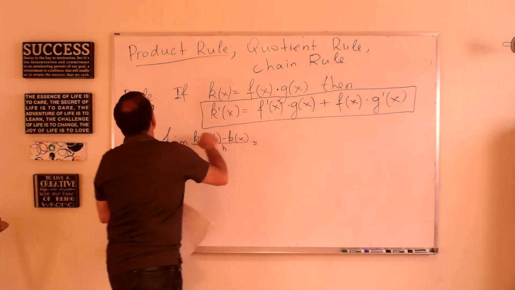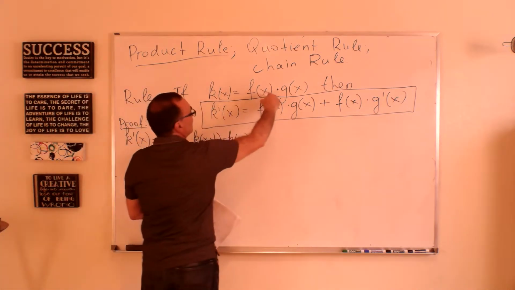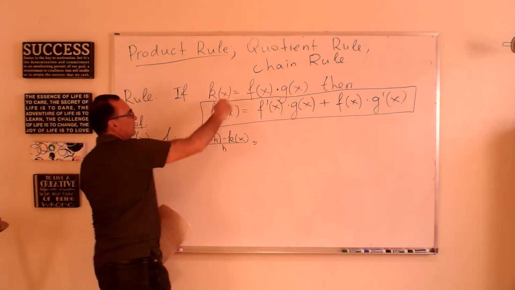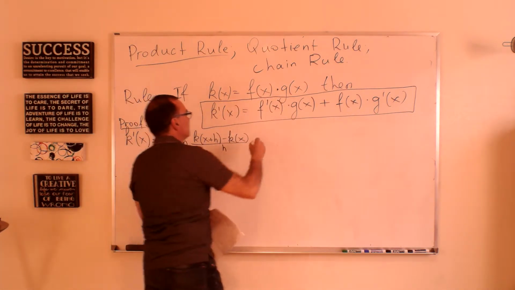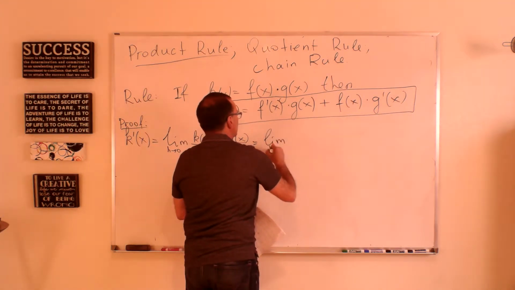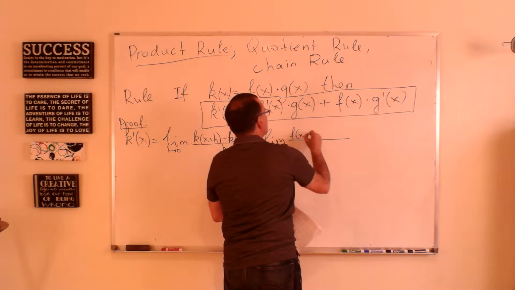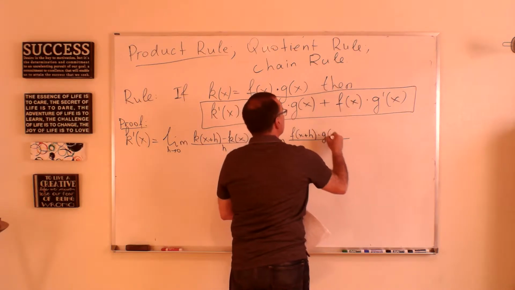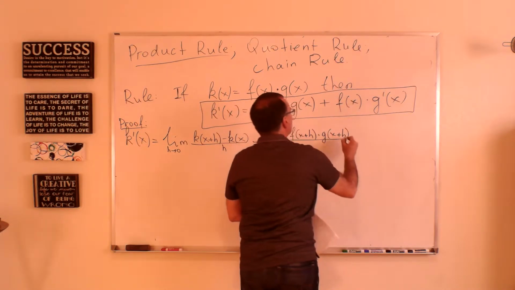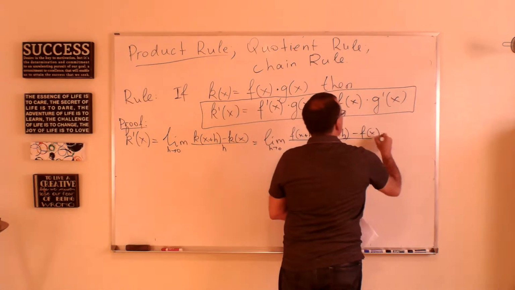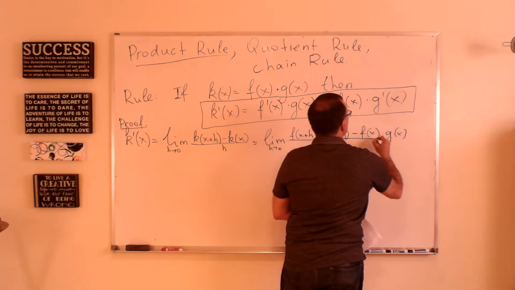So k of x is the same as f of x times g of x, and k of x plus h respectively is f of x plus h times g of x plus h. So the limit becomes f of x plus h multiplied by g of x plus h minus f of x multiplied times g of x over h.